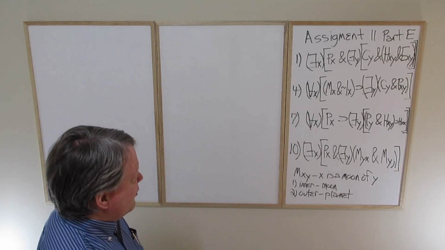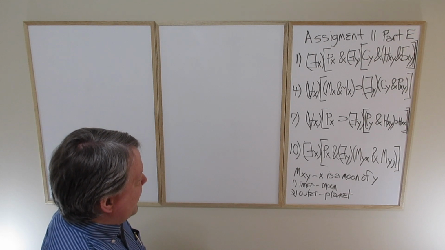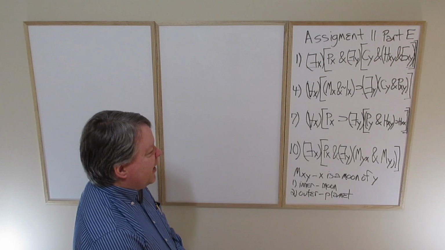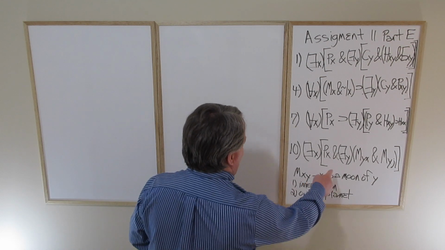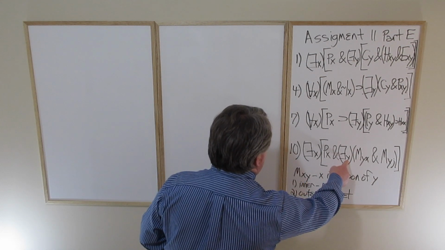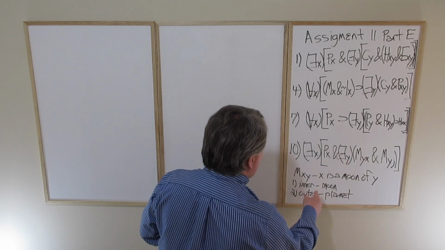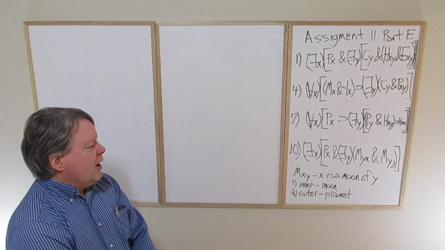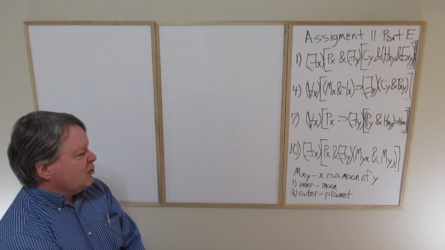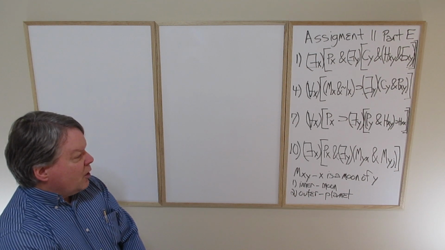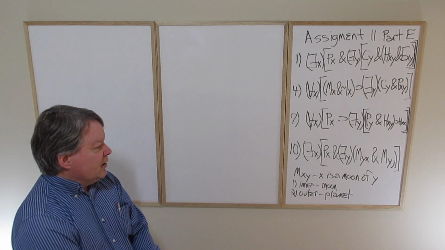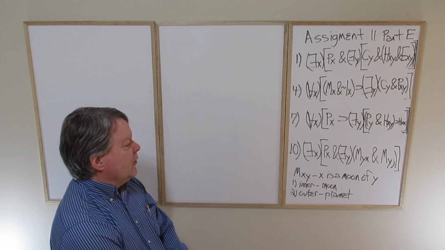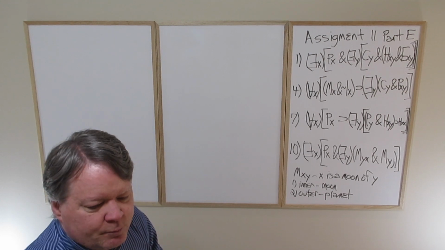There's at least one x such that x is a planet, and there's at least one y such that y is a moon of x. So even though we're using the y bound variable, the important thing is we've got it in the inner slot where the moon goes, and we've got the planet in the outer slot. So there's at least one x such that x is a planet, and at least one y such that y is a moon of x, and y is a moon of Jupiter.